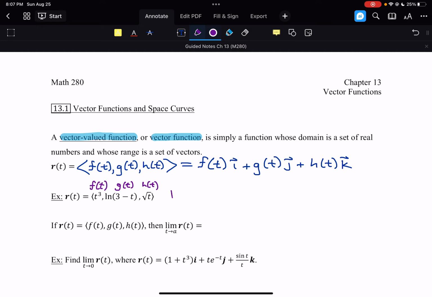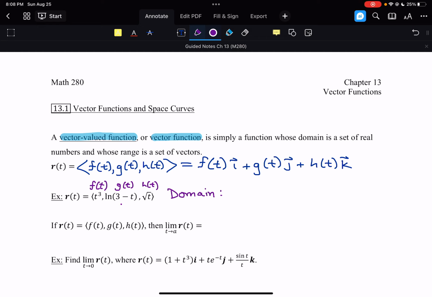If we were looking for the domain of this vector-valued function, we would look at any domain restrictions, just like you do in algebra. We would see for t cubed, there are no domain restrictions there. t can be anything. The natural log, you cannot input a negative number into a natural log, nor can you put in 0. So it has to be greater than 0.